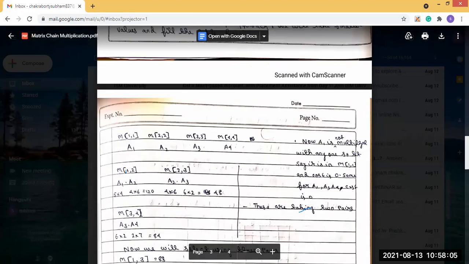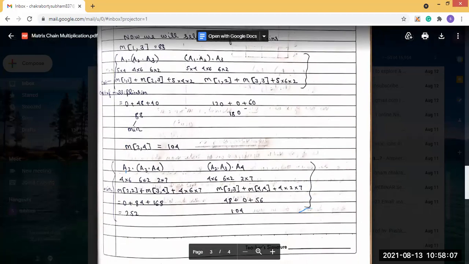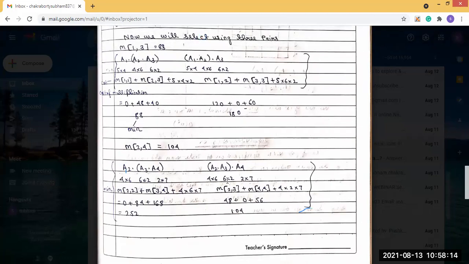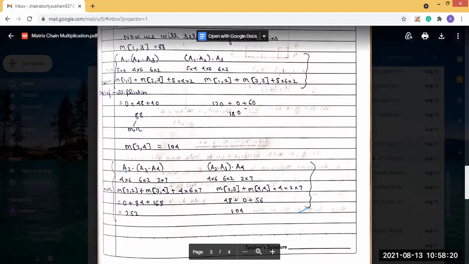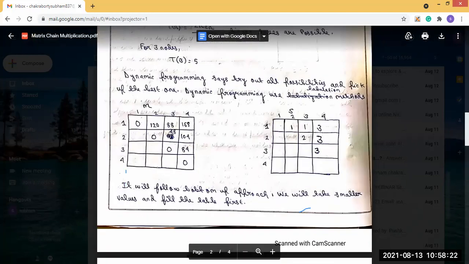Then next check 2 to 4. So in 2 to 4, how are we getting the value? In 2 to 4, the value we get, you see, this is the minimum value. That means this is the value we are taking. And now you see, by multiplying with this A3, we are getting the value.